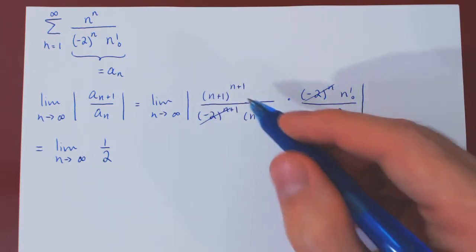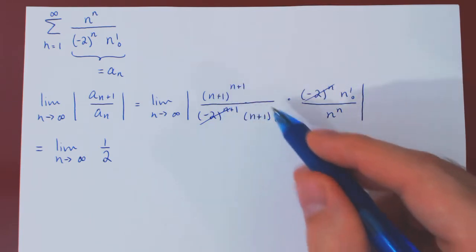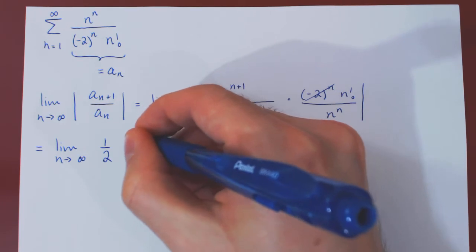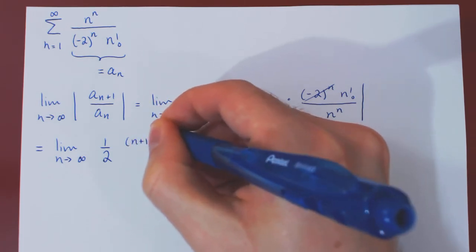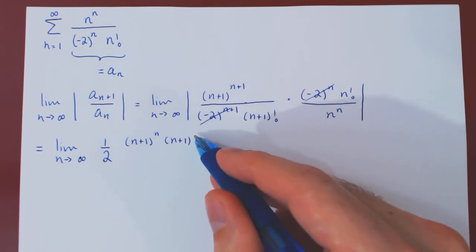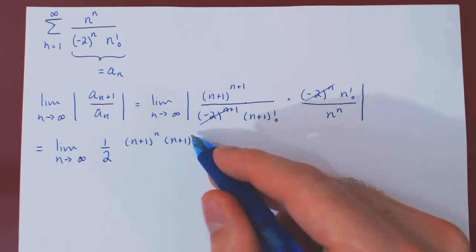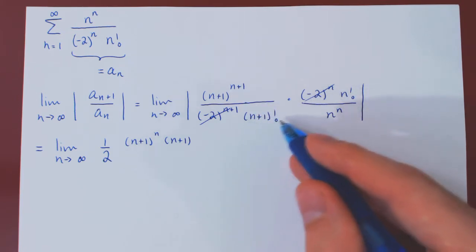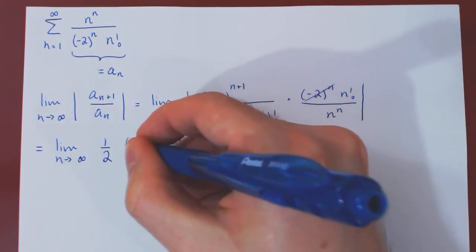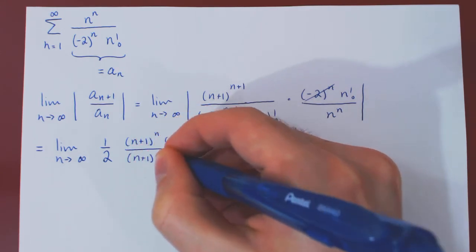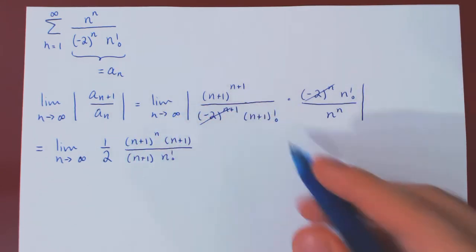I will do two things with each term. I will break this up first as (n+1) to the n times (n+1). The power here is 1, so if we multiply the same base, we add the exponents. And I will break down the (n+1) factorial into (n+1) times n factorial.